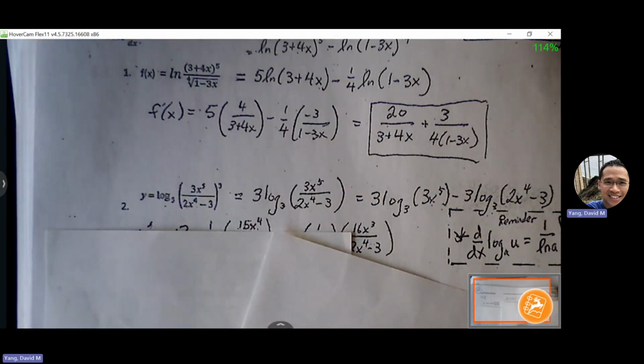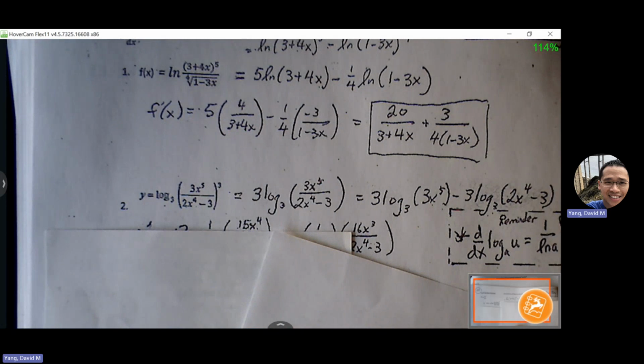So ln is a shorthand way of saying log base e. Instead of writing log base e, the problem is always going to show you ln, but these are the same thing. So this is a shorthand way of saying log base e.